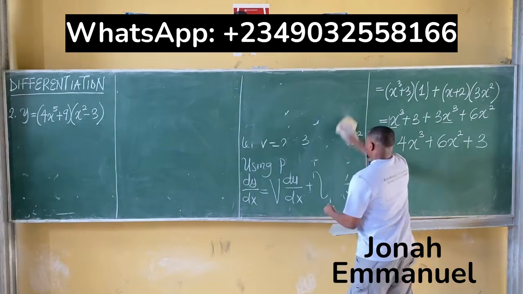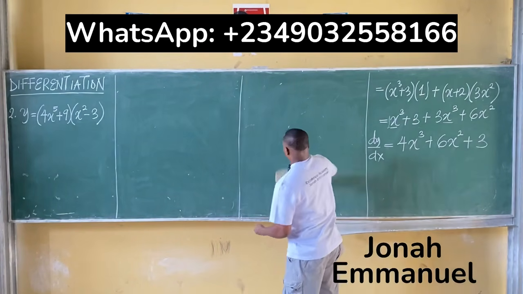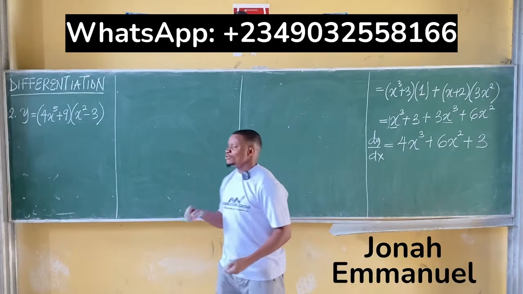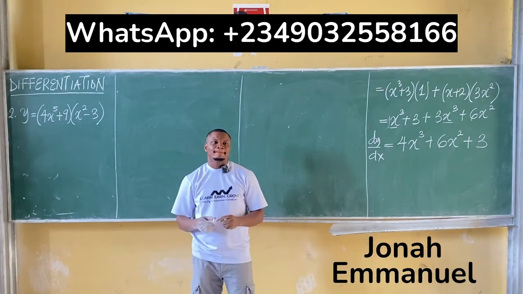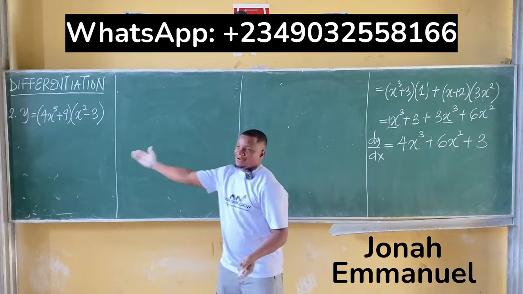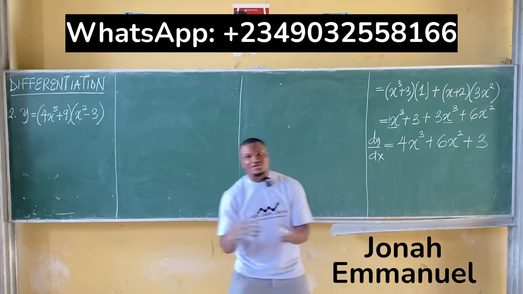Let's do something. I want you to choose a method. Any method you choose, I'll get the answer before you. It's in your hands now. If you want to use general, I will use chain rule. If you want to use chain rule, I use general.